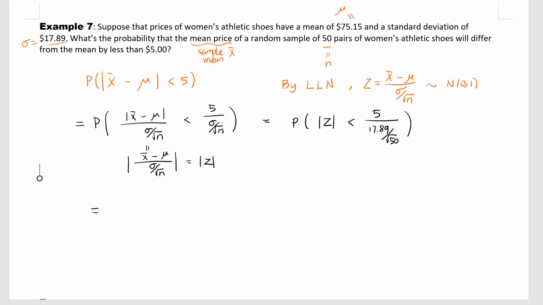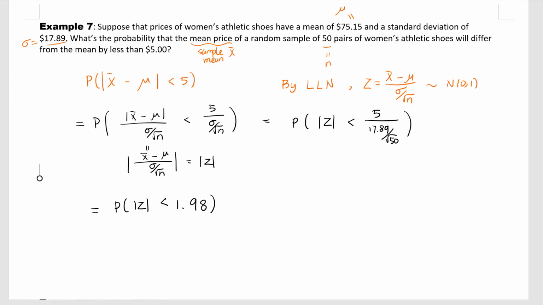Plug this in our calculator. So 5 divided by 17.89 over square root of 50, which is 5 times square root of 50 over 17.89. We have 1.976, the same as 1.98, we round up.